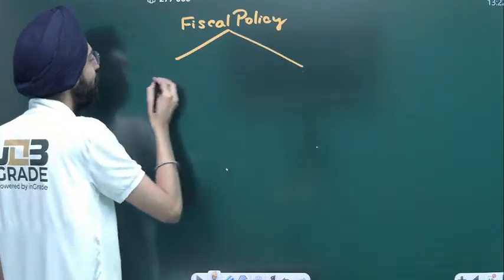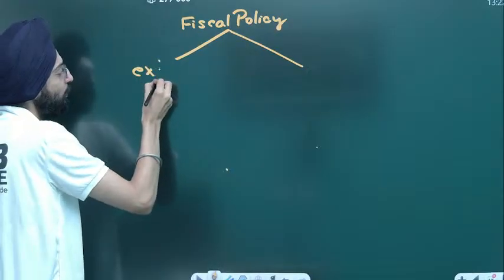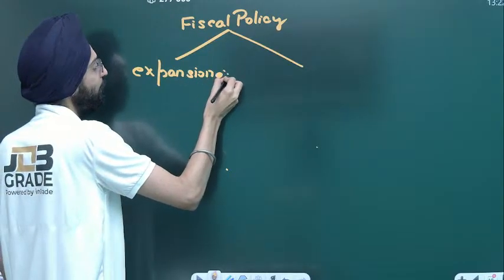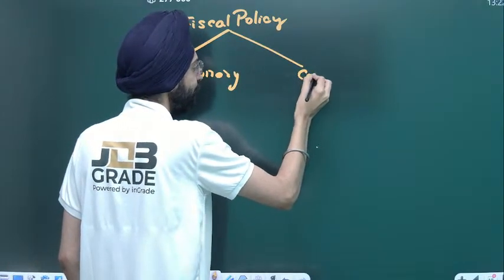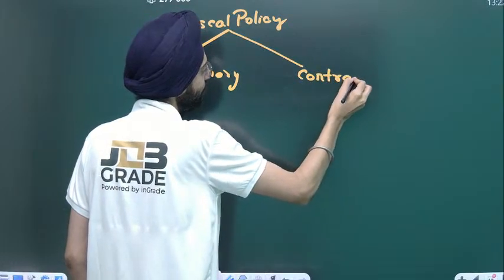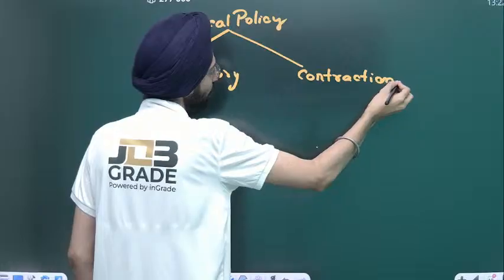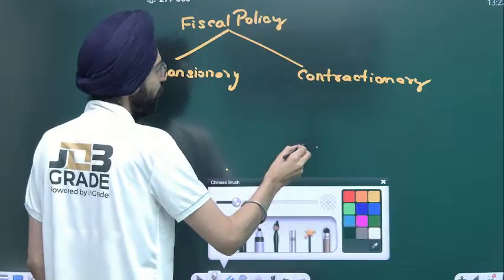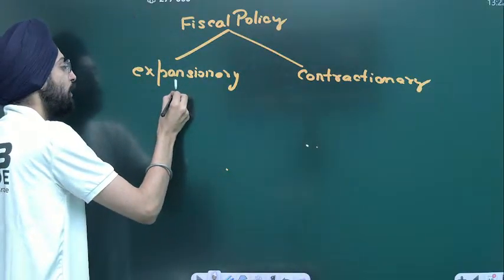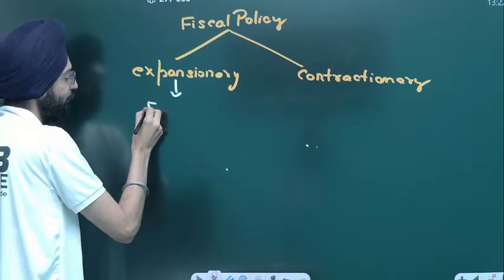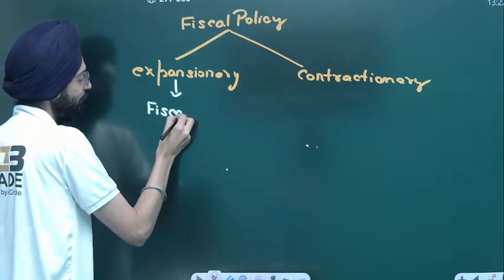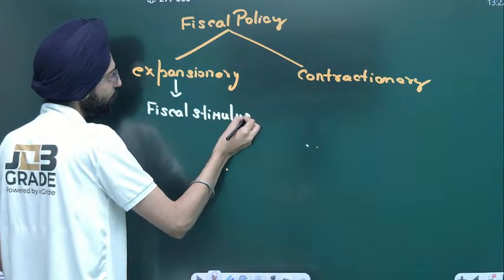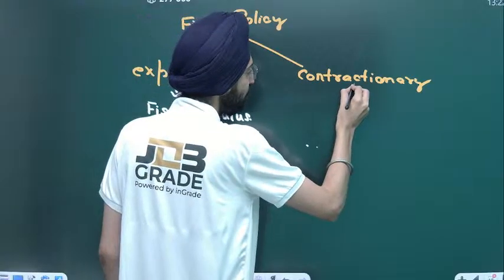The first is expansionary, and the second is contractionary. Expansionary is also termed fiscal stimulus, and contractionary is also considered fiscal consolidation.